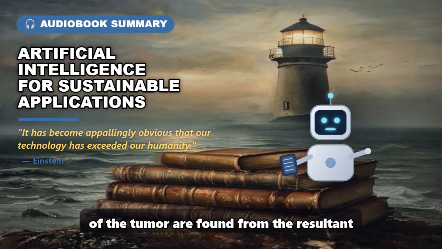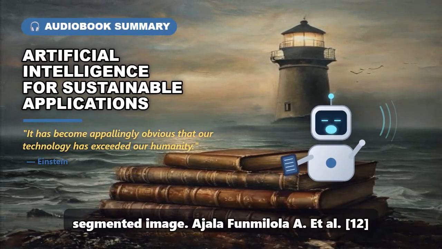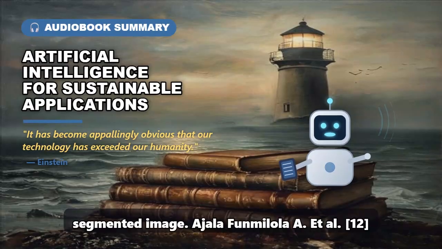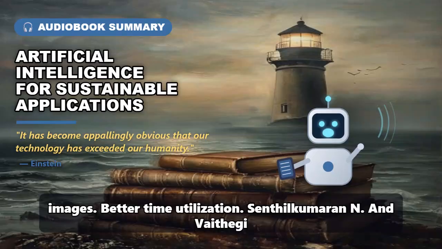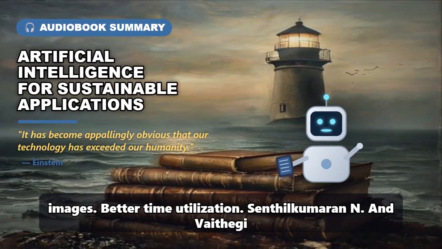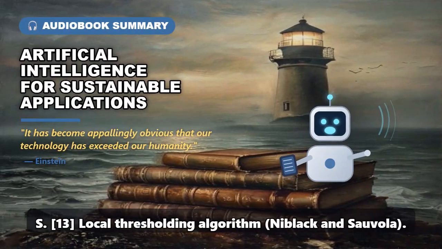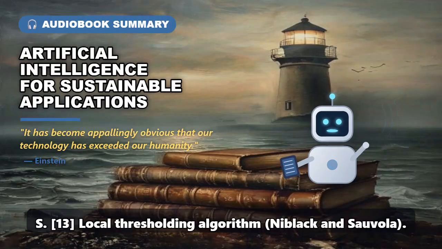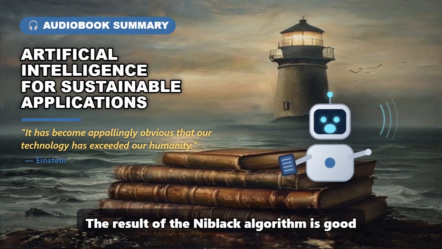Ajala Funmalola A. et al., 12. Fuzzy C-means clustering is applied on brain MRI images. Better time utilization. Senthil Kumaran N. and Vaithegi S., 13. Local thresholding algorithms, Niblack and Sauvola. The result of the Niblack algorithm is good compared with the Sauvola algorithm.